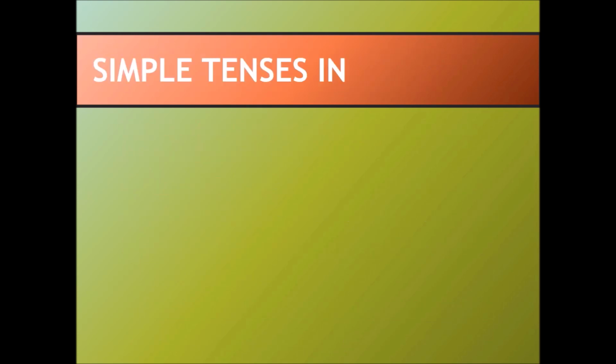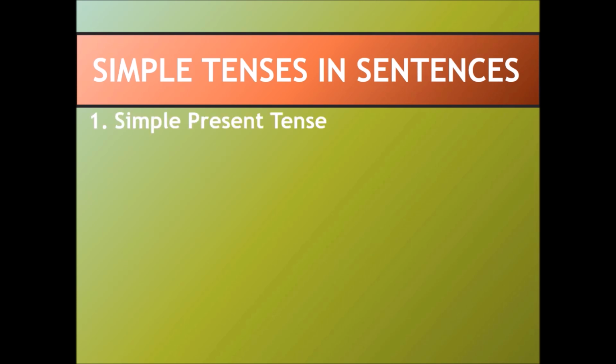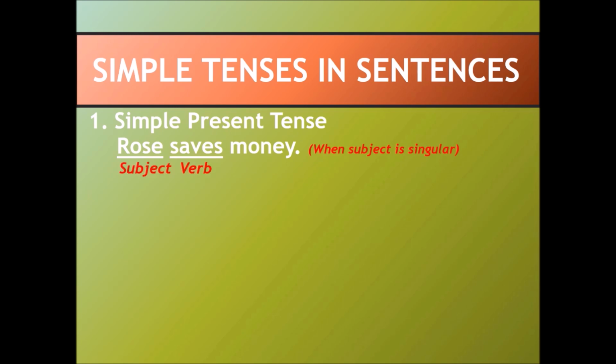Simple tenses in sentences. Simple present tense. Rose saves money. It happens when the subject is singular, where Rose is just one, so it's singular. You will notice that the verb saves is in the S form.